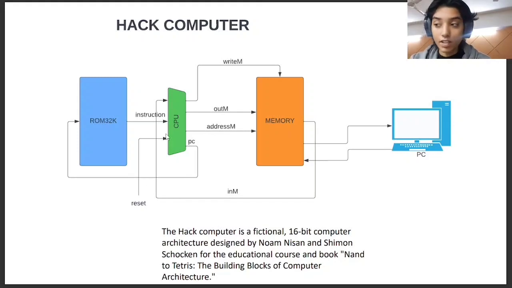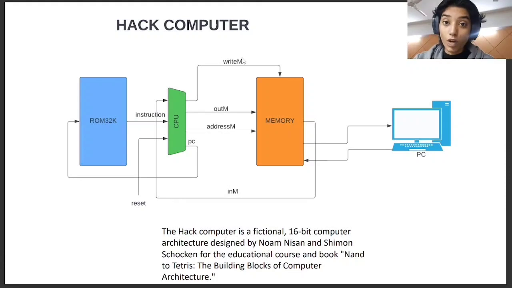We have a reset pin in the CPU. The CPU is also taking input from the data memory, which in this case is M. Now the CPU is generating the output. We get a write M, which serves as the load pin for the data memory.